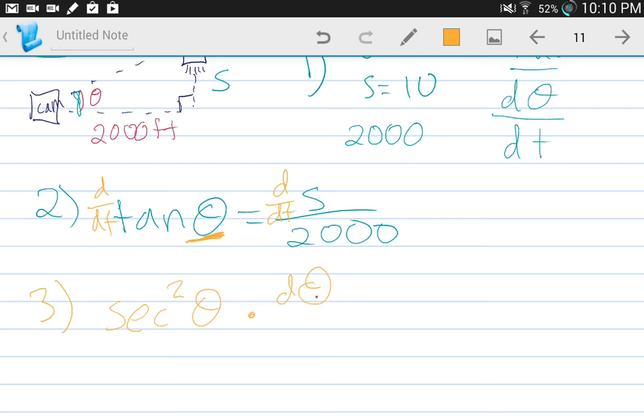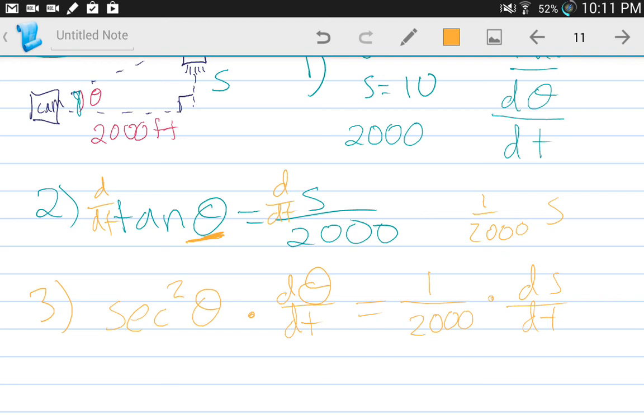That's going to be equal to, now, this 2000 doesn't go away, it's just like 1 over 2000 s, so it's just like having a coefficient. So the derivative of s is just 1, so this will be 1 over 2000 times ds over dt.